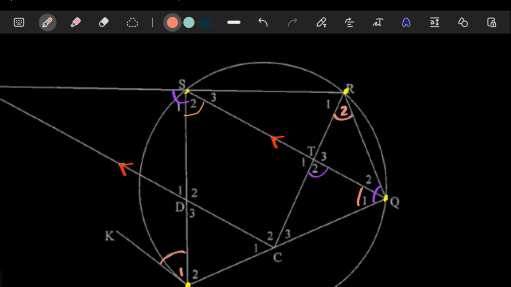S2 is equal to P1 because of alternating angles. But then in this cyclic quadrilateral, do we have angles in the same segment? I'm only noticing now: no, we don't. That's not angles in the same segment, even though they're equal. It's clearly just a coincidence.